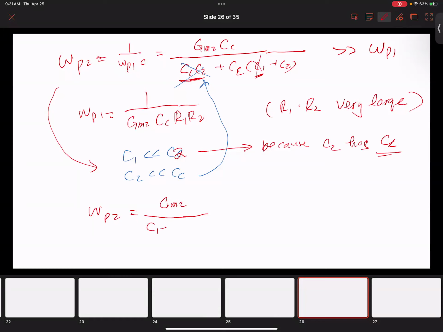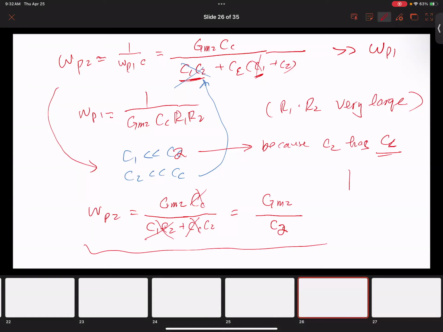So GM2, C1, C2 times C2, and then this is CC. We can further neglect this one, and then this one cancels. So we get GM2 over C2. This is the final expression for the second pole, WP2.